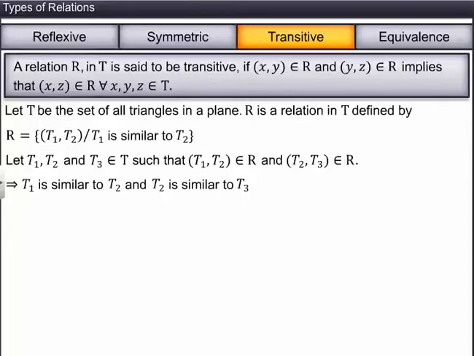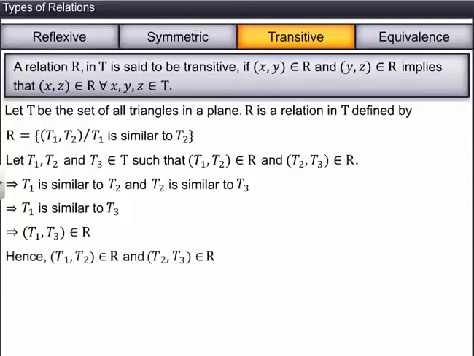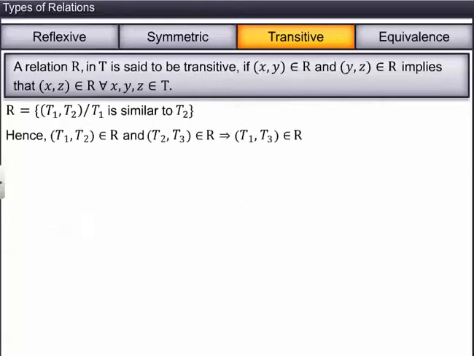Now, T2 is similar to both T1 and T3, so this implies that T1 is similar to T3. This in turn implies that the ordered pair (T1, T3) belongs to set R. Hence, ordered pairs (T1, T2) and (T2, T3) belong to set R implies that (T1, T3) is also in R. This shows that the relation R in T is transitive.